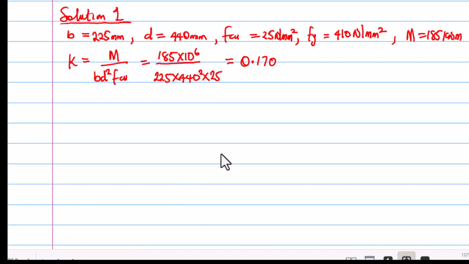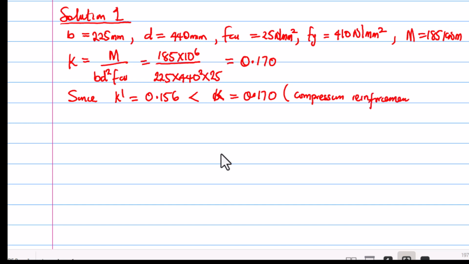So I'll now say since K prime, which is equal to 0.156, is less than K, which is equal to 0.170, therefore compression reinforcement is required.